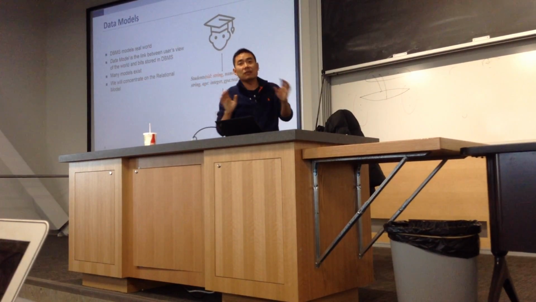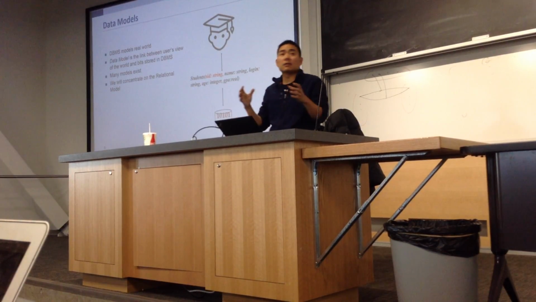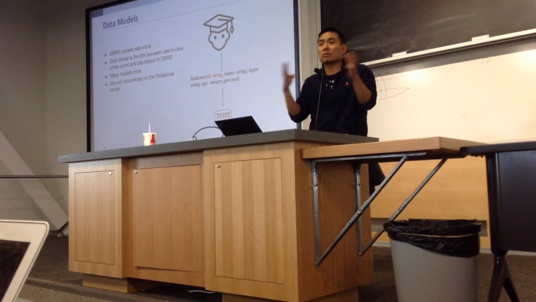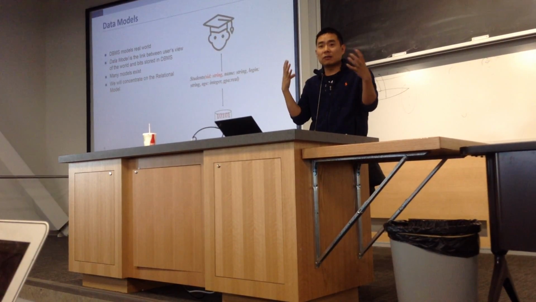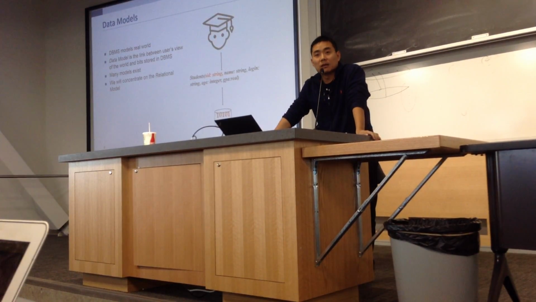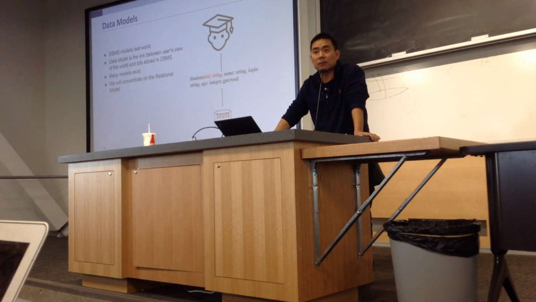Very simple, but that's essentially a relational model. Many people view the relational model as just a bunch of tables. In a nutshell, that's right, but there are many intricate concepts going on behind those tables. That's what we're going to talk about next.